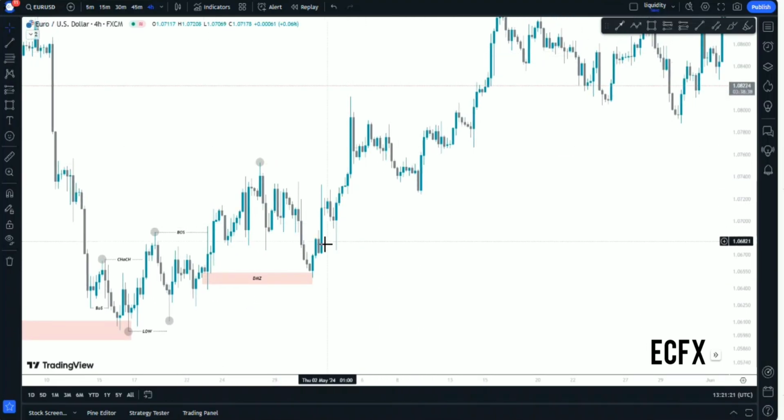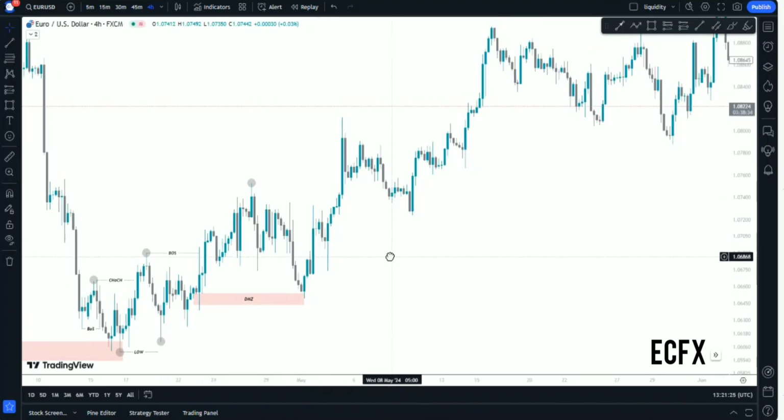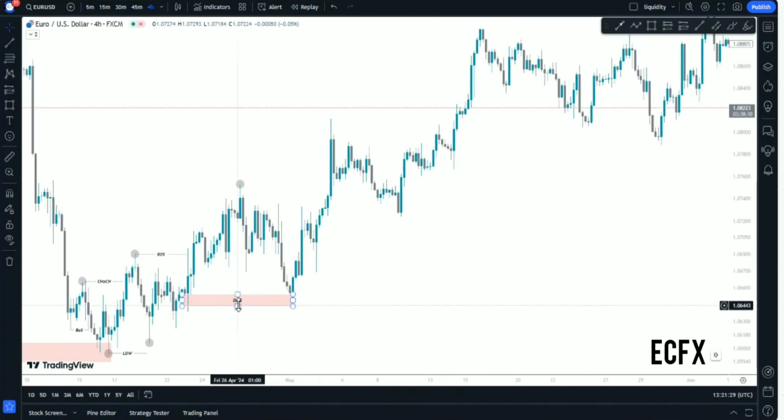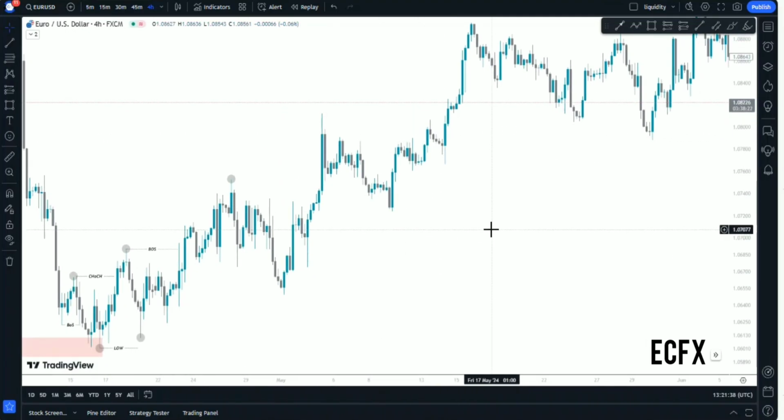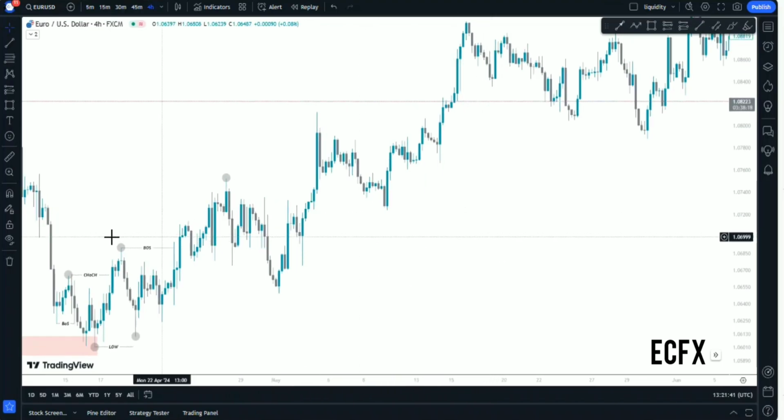So that is the simplest way to use the trend or change of characters and breaks of structures to your advantage. Like I said, I'll show you later in another video, or maybe even in this one, you never know, how to identify a flip zone and how to use a flip zone, right?